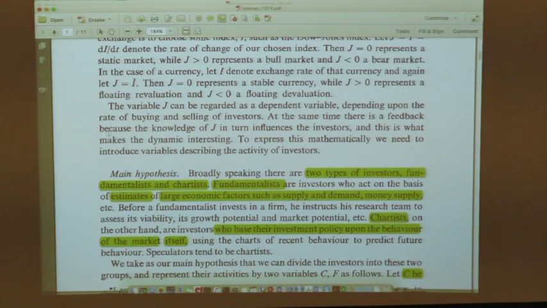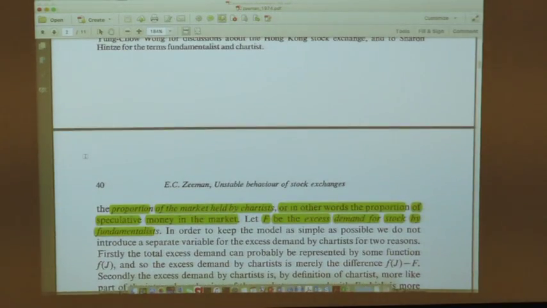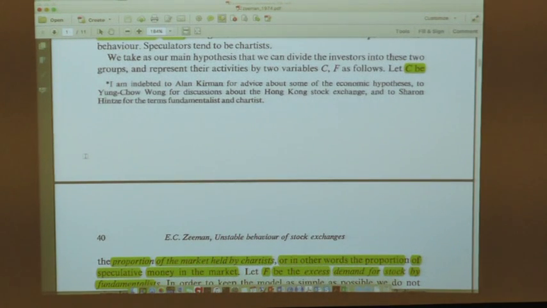So he starts with two types of investors, chartists and fundamentalists. Fundamentalists are the ones who go after the fundamental value of an asset, whereas chartists go after the trend, or the speculators, because they look at the trend and trade. So he says C is the proportion of chartists.